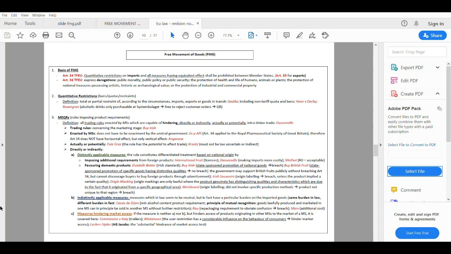So in the case of Schutzverband, it was said that selling arrangements are not subject to Article 34, but it must be ensured that they affect in the same manner, in law and in fact, the marketing of domestic products and products from other member states.